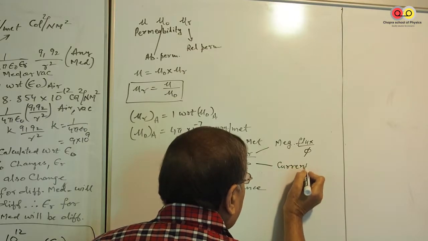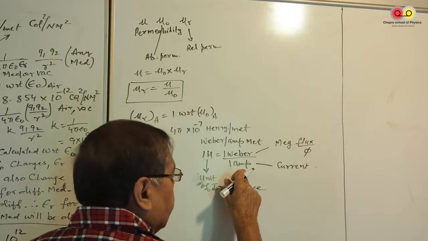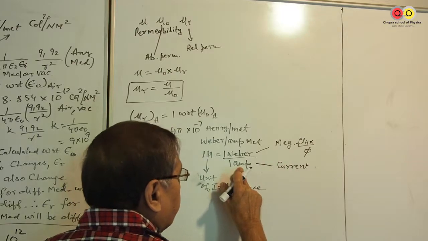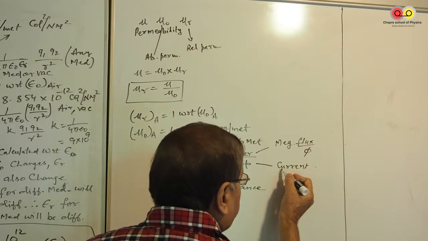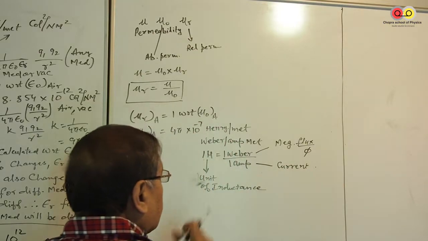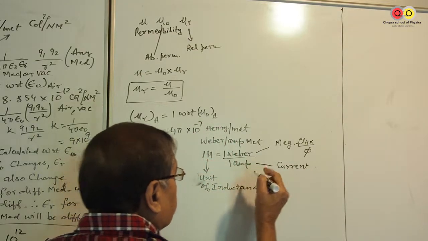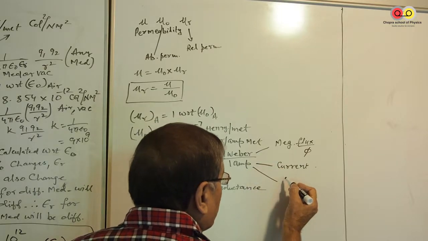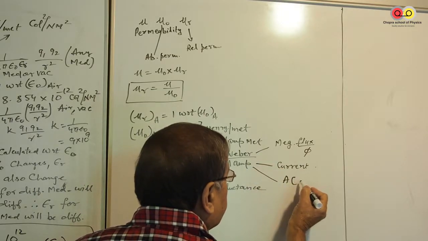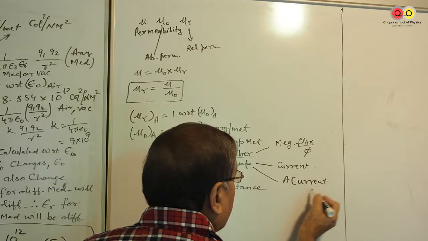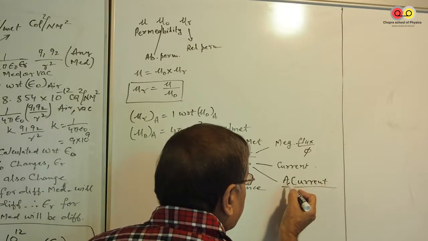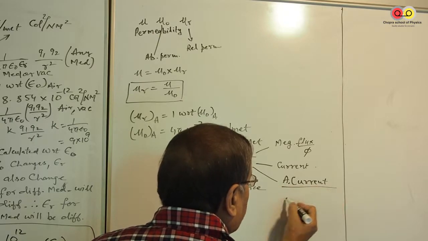For current, the unit is ampere. And you will further remember that in case of Henry, the current must be alternating current. A stands for alternating. Alternating current.